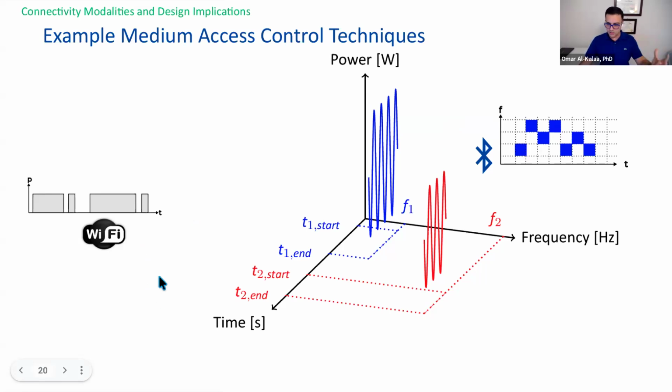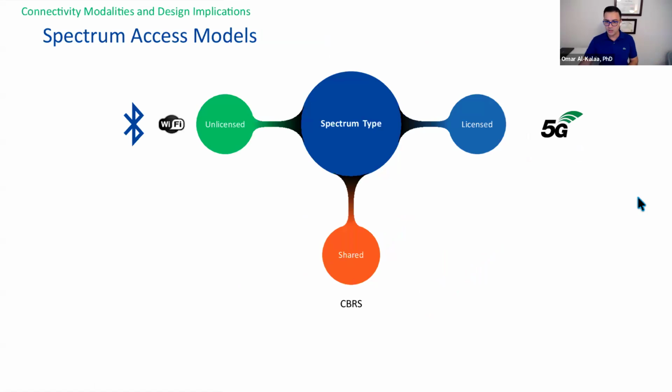So it listens if there is interference on that channel before it accesses it. If there is, it backs off, it waits for that interference to go away, then it accesses the channel again. So long story short, different wireless technologies use the spectrum in different ways, and spectrum comes in different flavors.